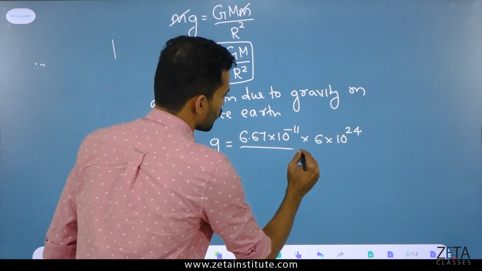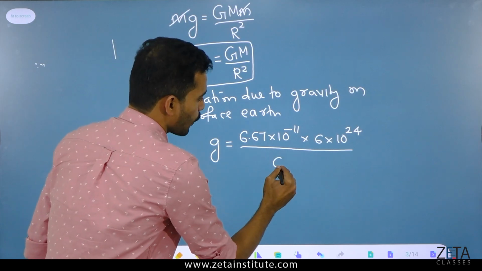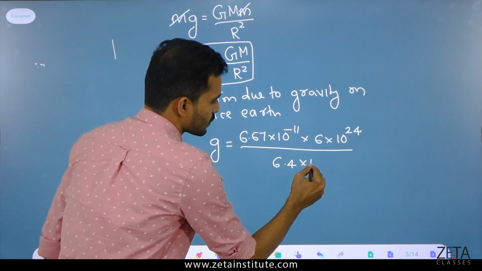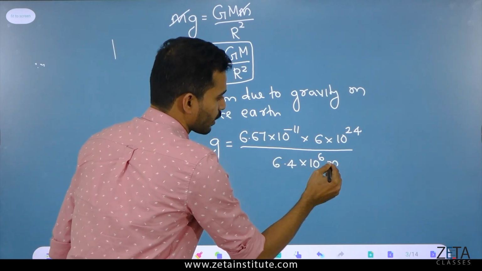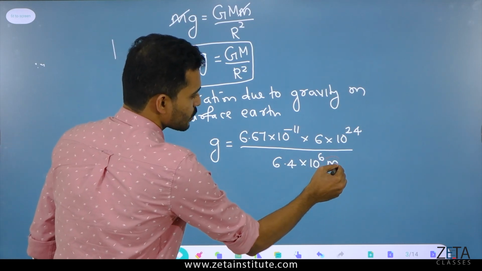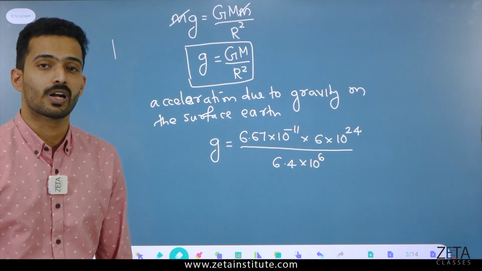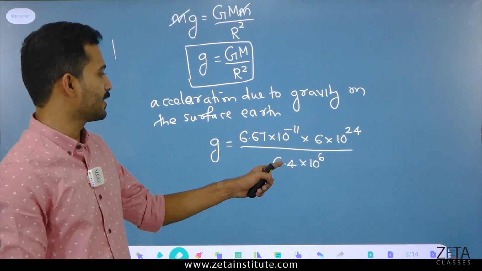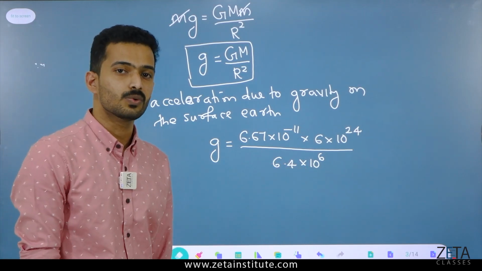And the radius of the earth is 6.4 into 10 raised to 6 meter, that means 6,400 kilometer.